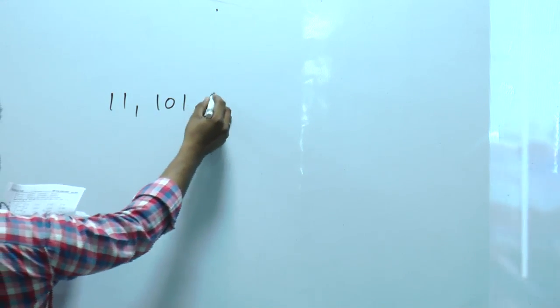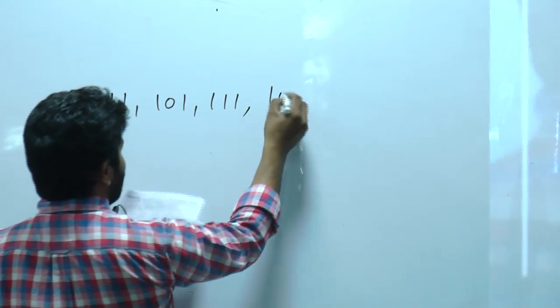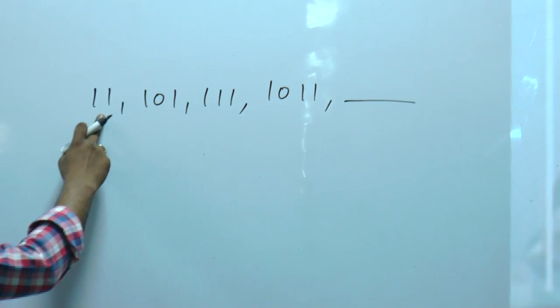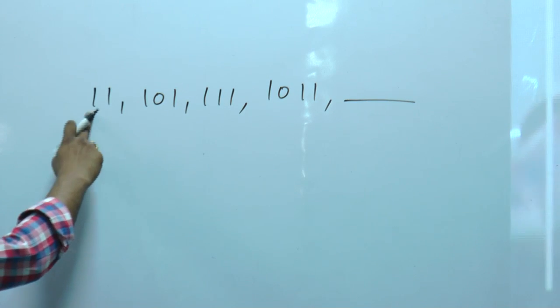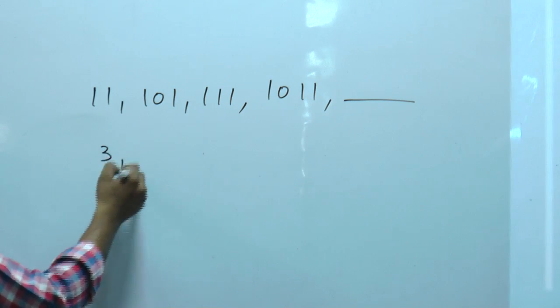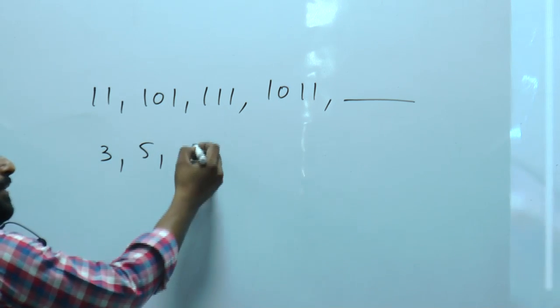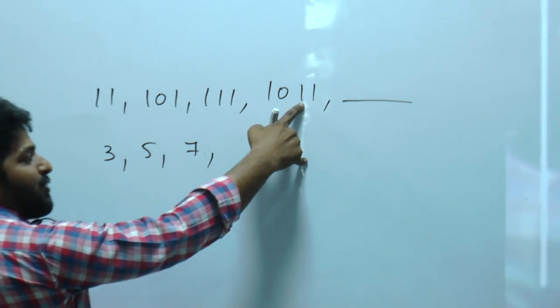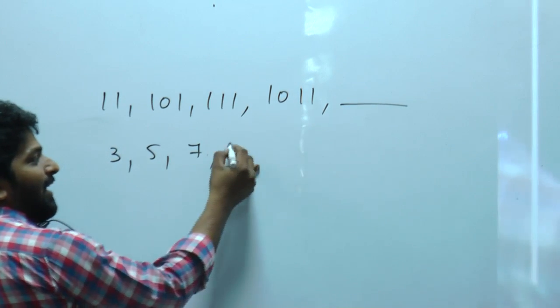11, 101. Don't call these numbers 11, 101 and so on. These are binary. How much is a binary number? Respective number. Binary number 11, its respective whole number is 3. And for this 5, 7, 8 plus 2, 10 plus 1, 11.